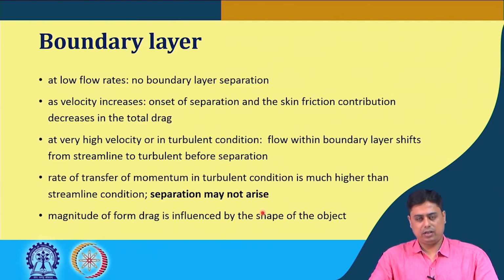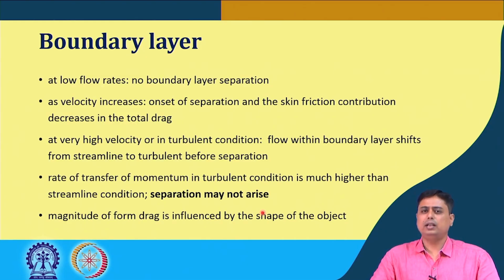Okay. As the velocity increases, we have now understood that the onset of separation happens, and the skin friction or the wall friction that we discussed in the last class, its contribution becomes lesser and lesser. Okay. At very high velocity or when there is turbulent condition, flow within the boundary layer initially shifts from streamline to turbulent before the separation occurs. Okay.